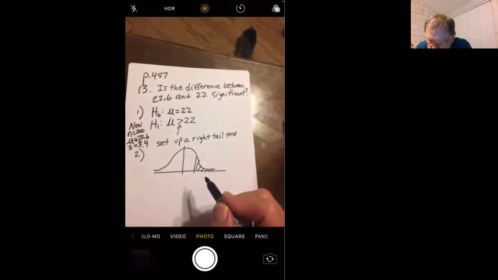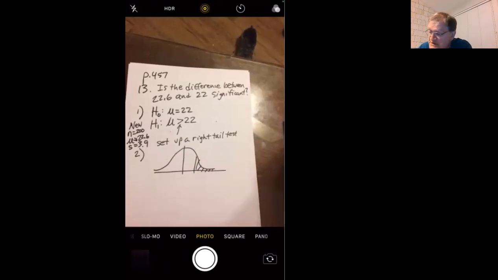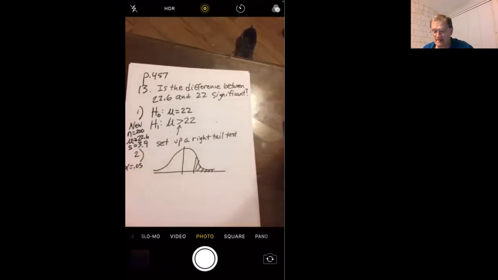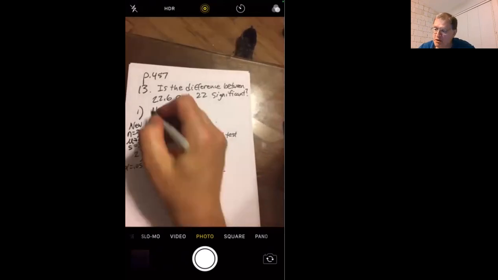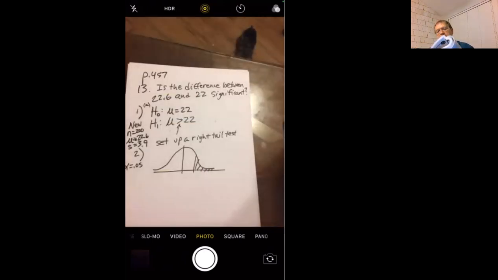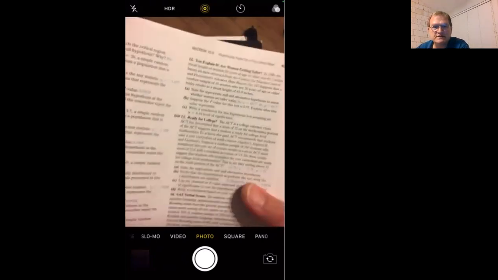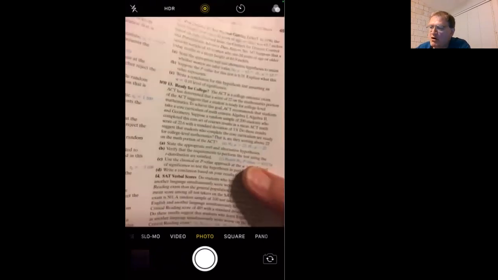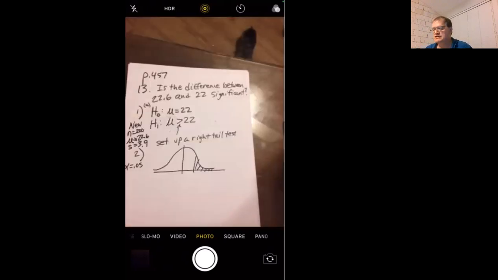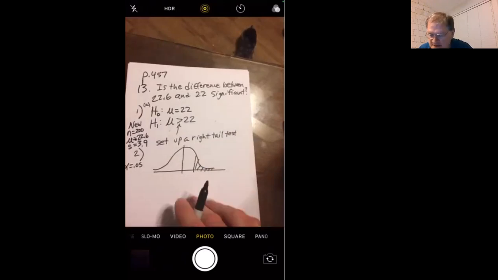They don't give the alpha value till part C. So this is part A. Part A says state the appropriate null and alternative hypotheses. So instead of numbering steps 1, 2, 3, and 4, part A states your hypotheses. I usually number them steps 1, 2, 3, and 4, calling it a 4-step test of hypotheses.